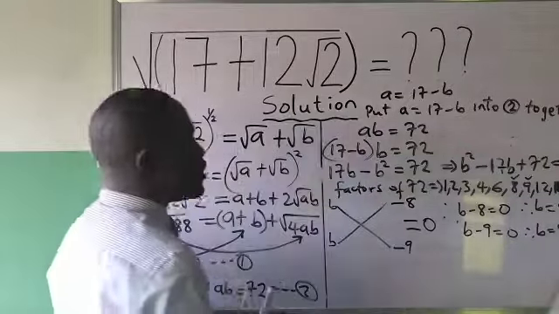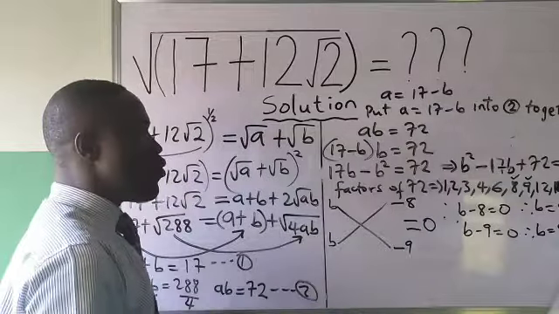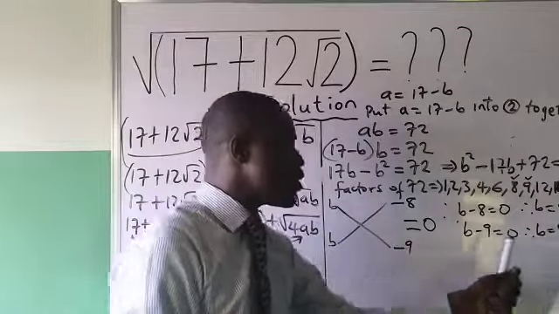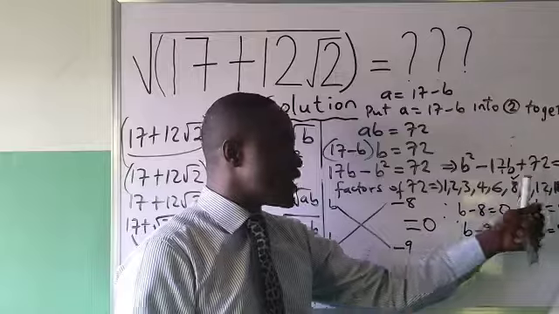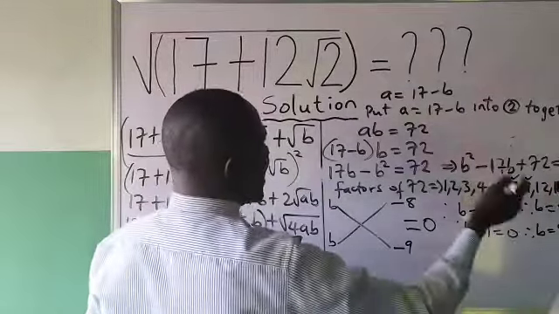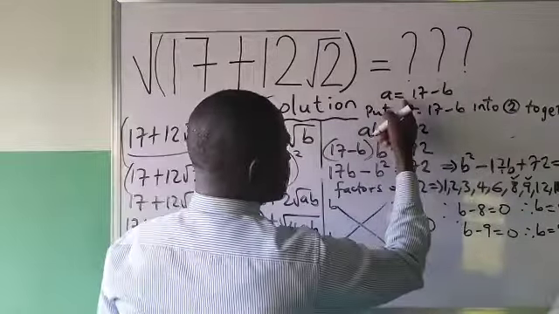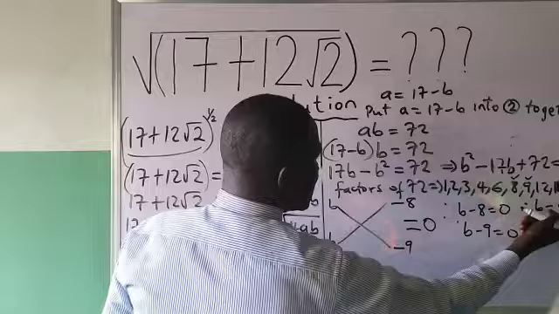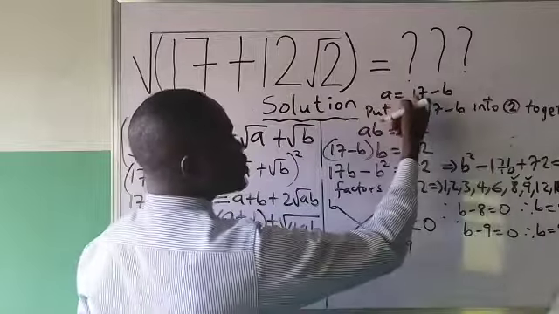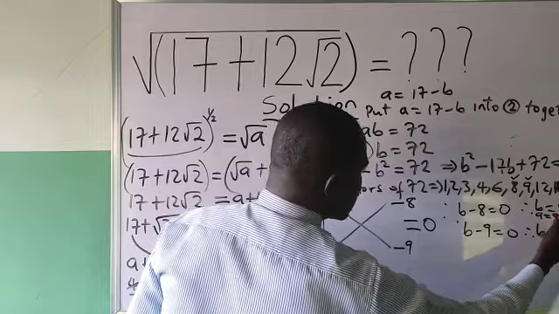We said A is equal to 17 minus B. We have two values of B because it's a quadratic equation. If we have two values of B, that means we have two values of A. Here, when B is 8, A will be equal to 17 minus 8, which is 9.